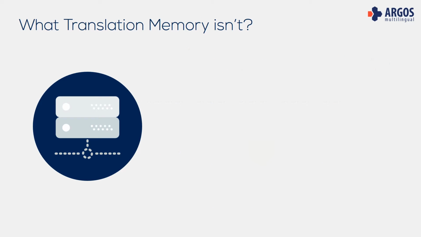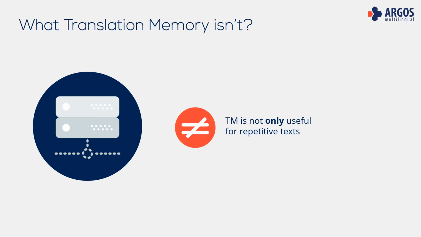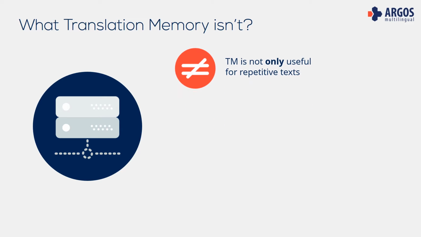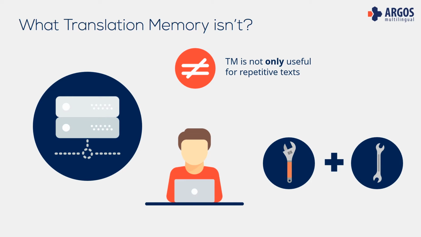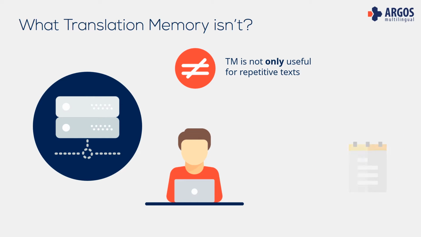TM is not only useful for repetitive texts. TMs are useful for repetitive content. However, modern CAT tools provide linguists with a suite of useful tools which help productivity and quality even when there are few repetitions. For example, they allow linguists to quickly identify and fix segments which have been accidentally skipped.